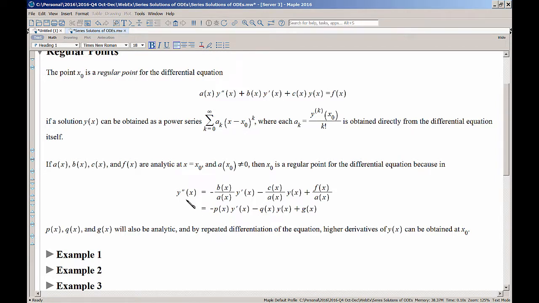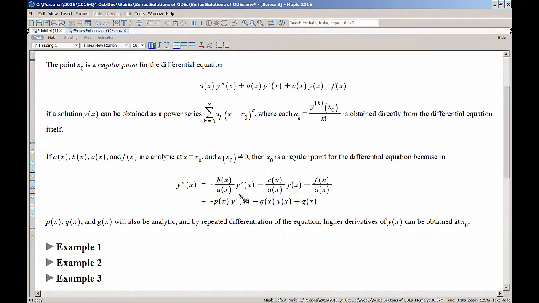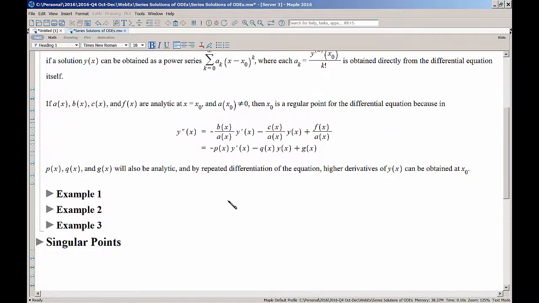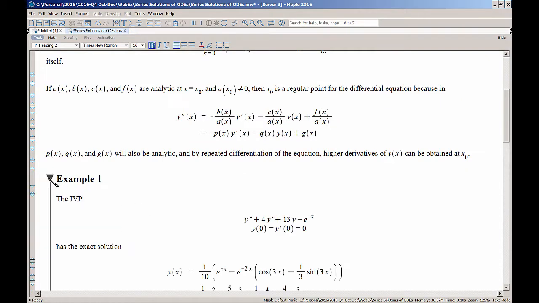And by repeated differentiation of the equation over and over again, you can compute the coefficients for the power series. So let's take a look at how that would go.